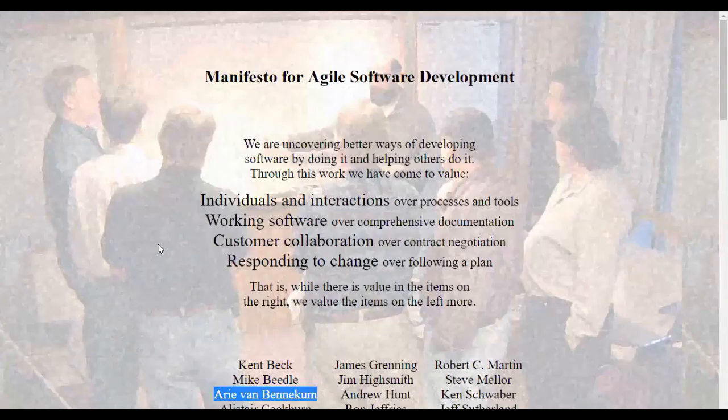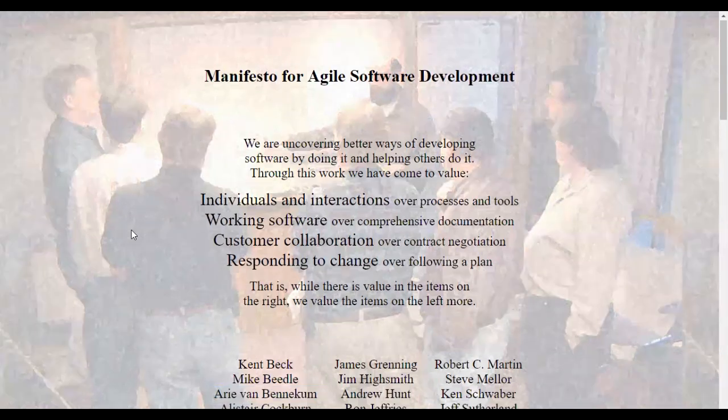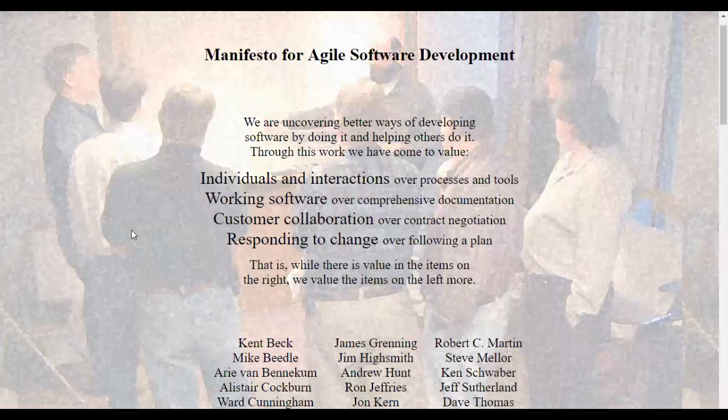The next document here is the Agile Manifesto. You can find this freely on the web and on the Agile Alliance website. Very straightforward. It states we are uncovering better ways of developing software by doing it and helping others do it.